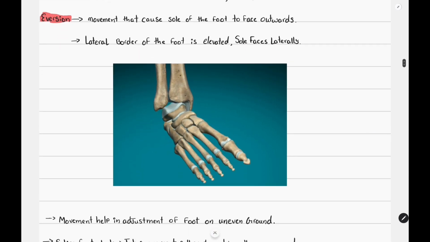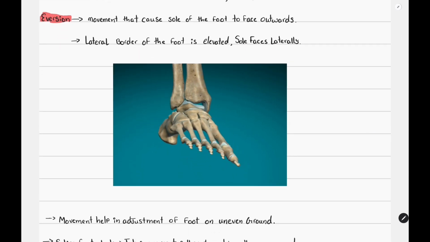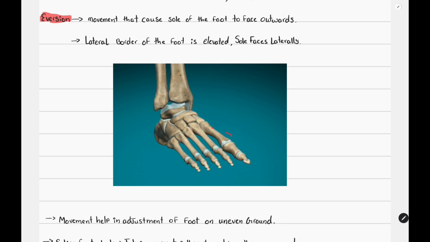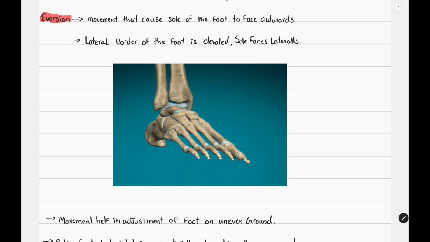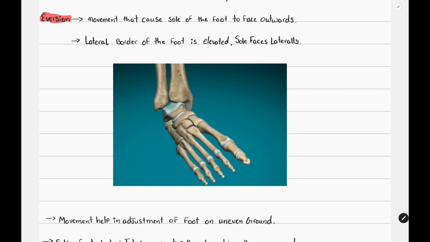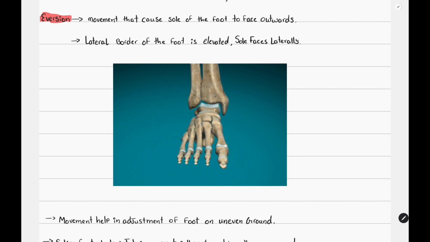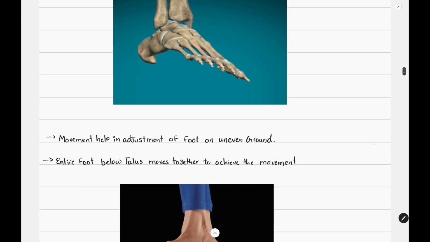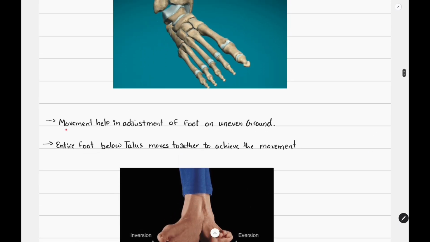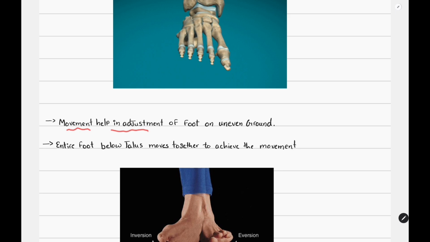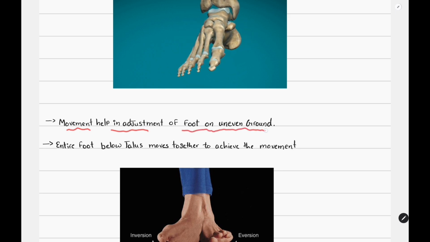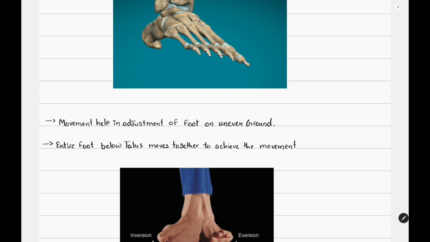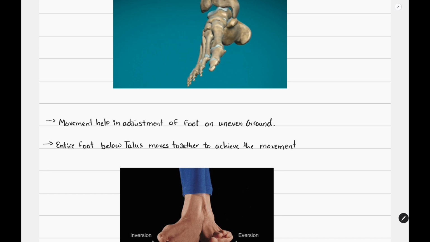This is an animation to make this clear. The sole of the foot is facing medially in inversion, and the sole of the foot is facing laterally in eversion. This kind of movement helps in adjustment of the foot on uneven ground, meaning inversion and eversion are necessary for better gripping on uneven grounds.